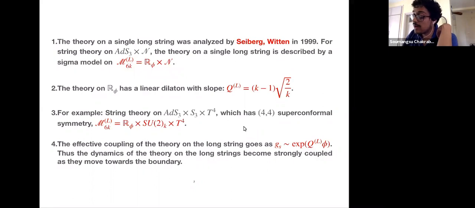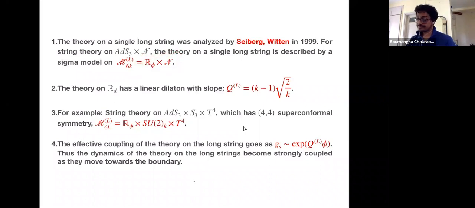It's given by R_φ times N. This N is the same N here, the CFT on N, and R_φ is the dilaton direction, which you can think of as the radial direction of AdS3. Exponential of φ is the radial direction.